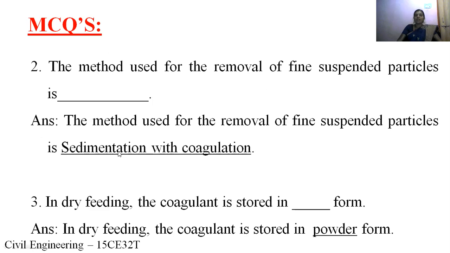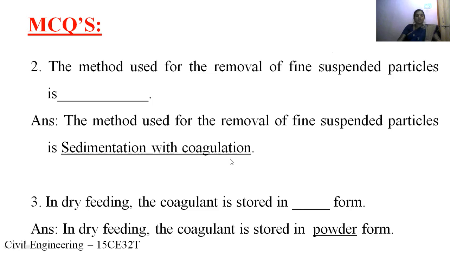Only the colloidal particles can be removed in plain sedimentation. But fine suspended particles can be removed only with sedimentation with coagulation, or sedimentation with some chemicals or by using some of the coagulants.